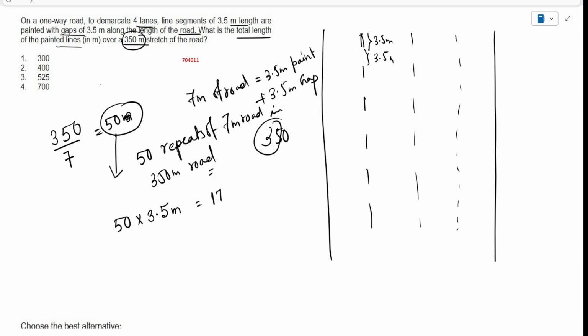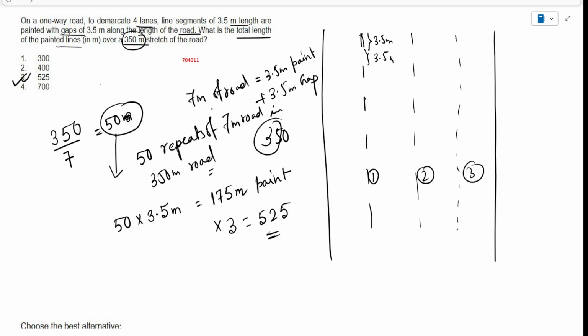That means this is 175 meter paint. Fine. Then this is for only one line. What is the total number of lines? This is 1, 2, 3. So multiplying by 3 we get 525 as the answer. Option 3. See, this is also a very nice question.